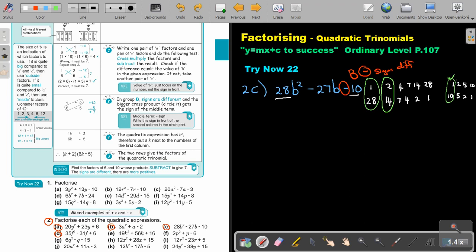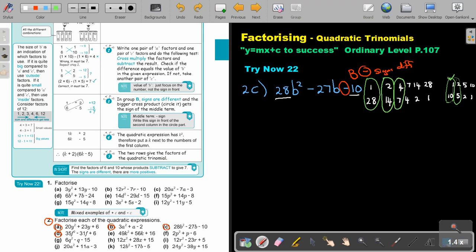No, it must come to 27. It's quite big. If I look at this one, it's going to be 28 minus 10. No, it's also not. This one is going to be too big again. This one also too big. So let's rather go to this one.